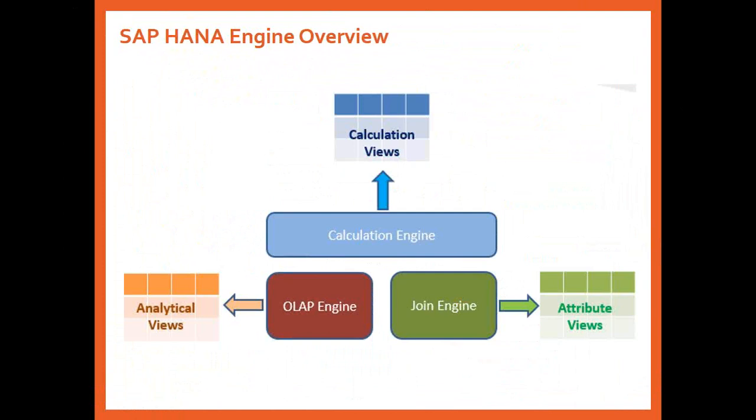Now coming to modeling, there are three parts: attribute, analytical, and calculation. Attribute is just a combination of tables. Analytical works on the OLAP engine. Calculation views are used for complex scenarios. Designing any type of view is similar and graphical.